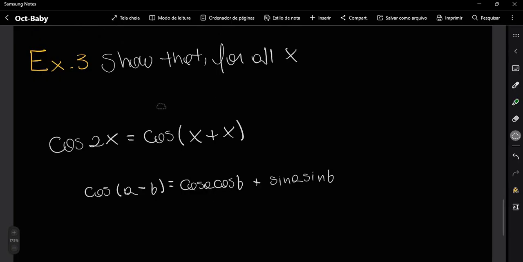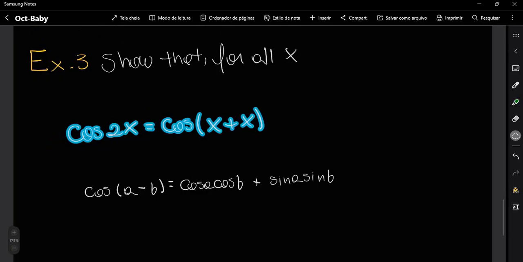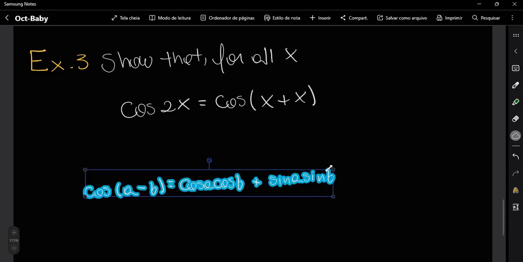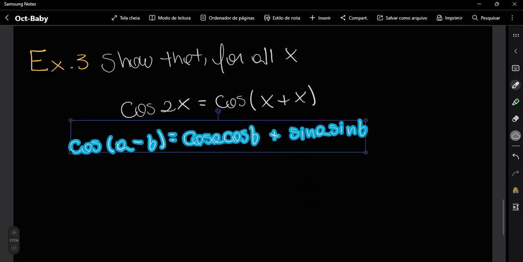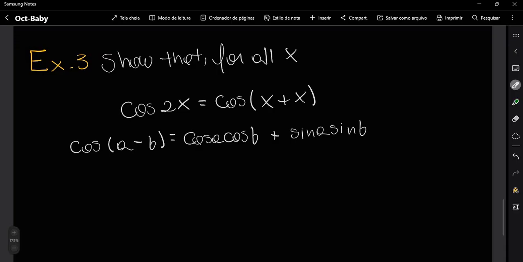Okay. So if we rewrite this cosine of 2x as cosine of x plus x, this means that a is equal x and b is also x, so a is equal b, which is equal x.